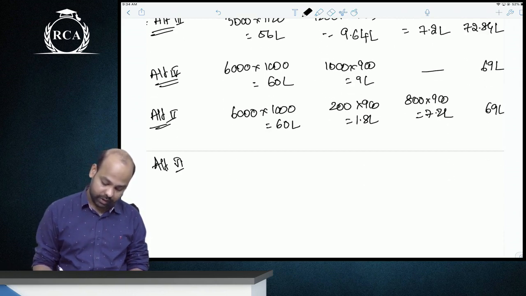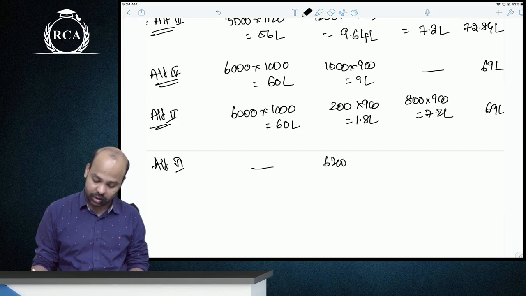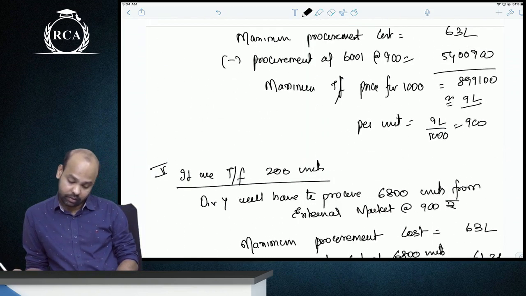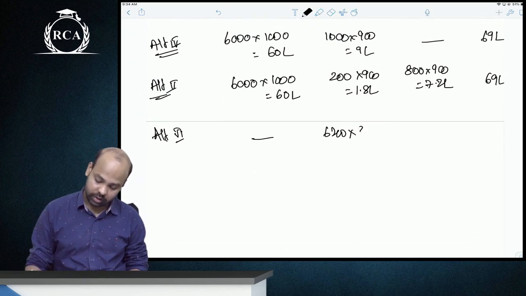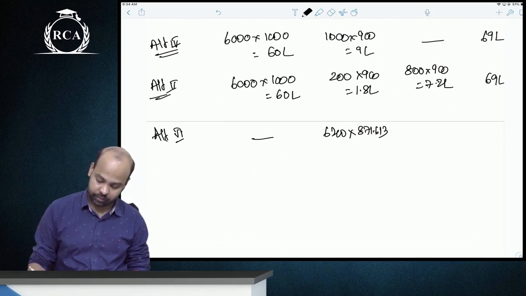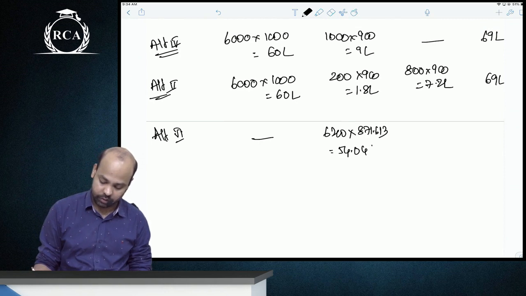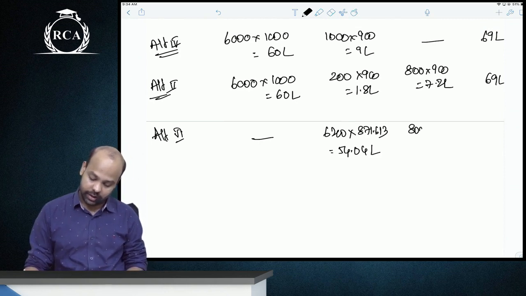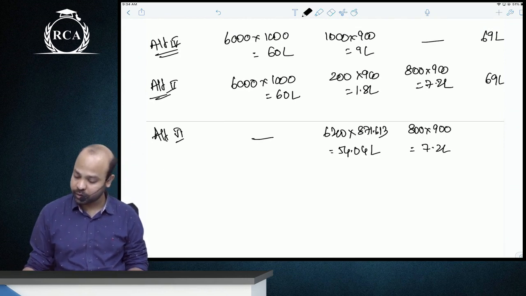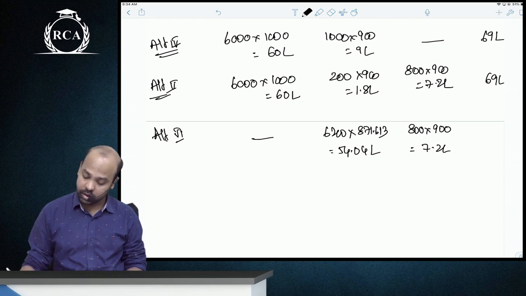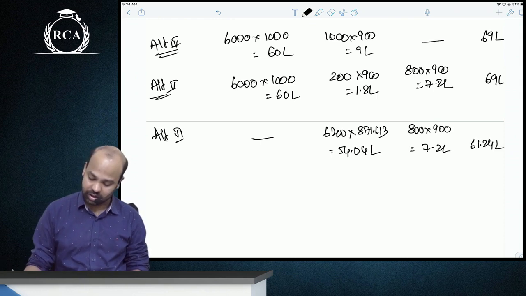Alternative 6: sell 6,200 units at a price of 871.613, that is 54.04 lakhs. Export order is 800 into 900, that is 7.2 lakhs. Put together, 54.04 plus 7.2 is 61.24 lakhs.